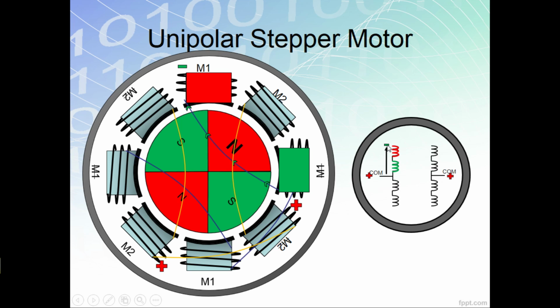So since the bottom part is not energized, there will only be a force of attraction from this north magnet to this south magnet. There will be no force of attraction from this north magnet to this magnet since this is not energized. So let's see how this will rotate.